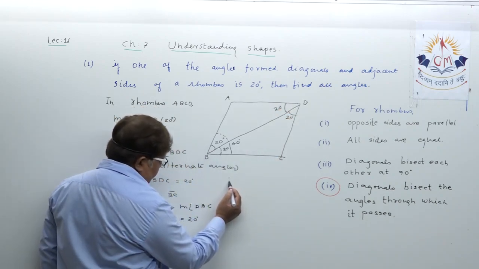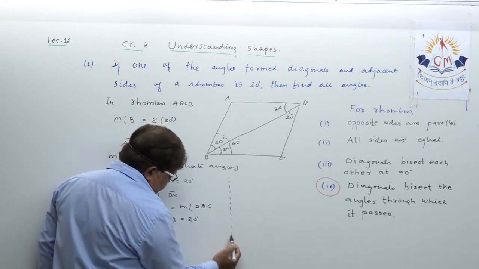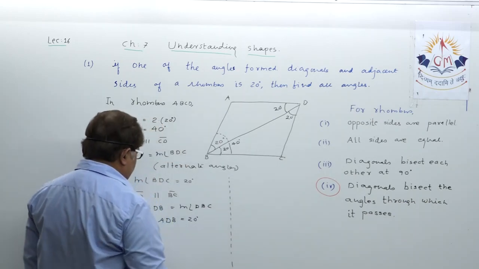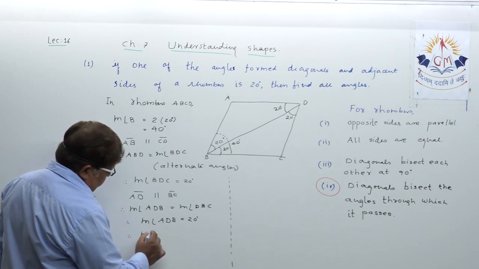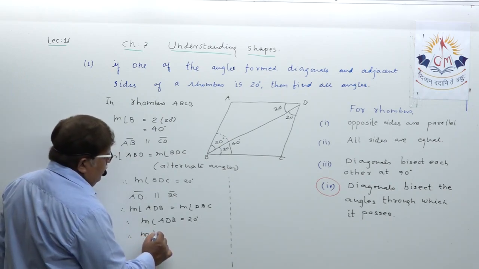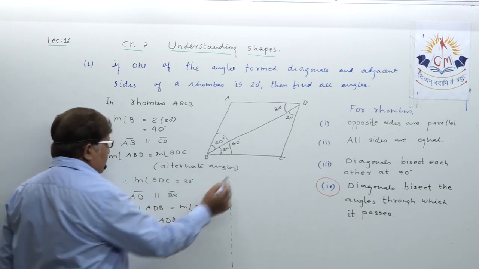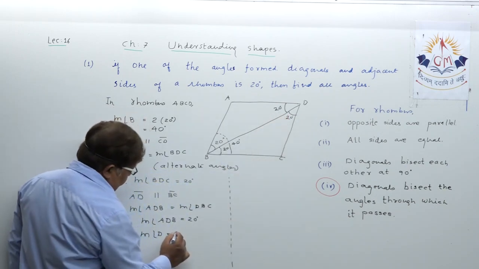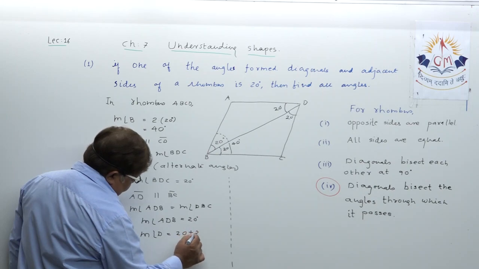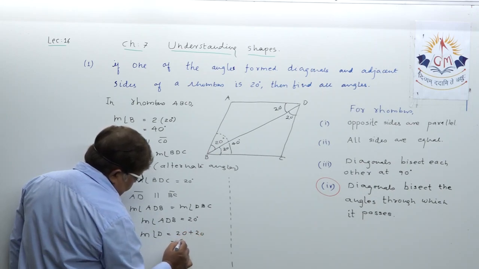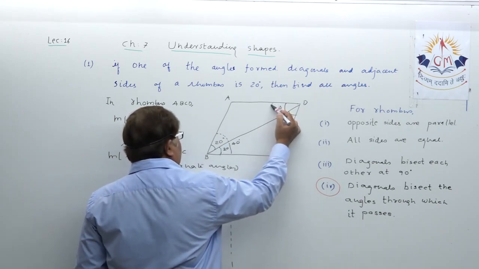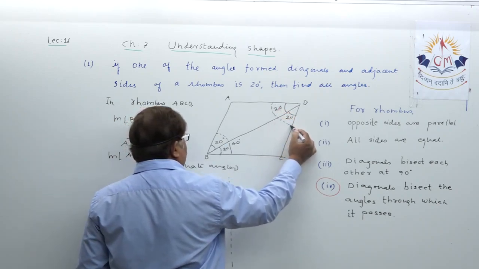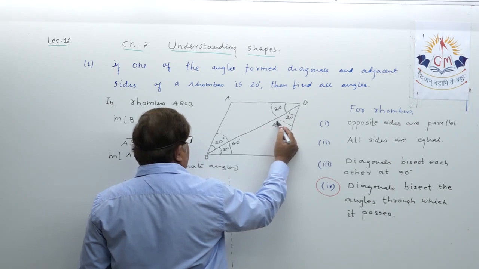I will just continue the sum here. Okay, first let us continue here. Measure angle D equal to 20 plus 20, okay, that means 40 degrees. So you got angle D also, you understood? Both the angles you got.